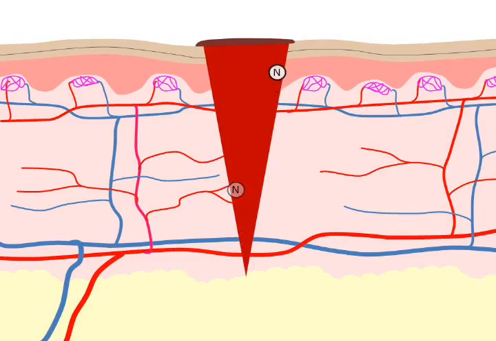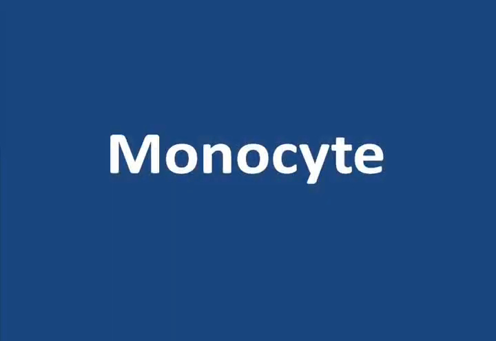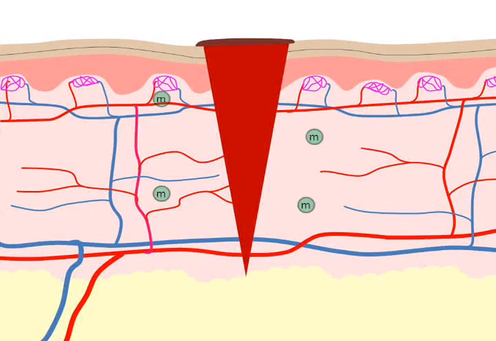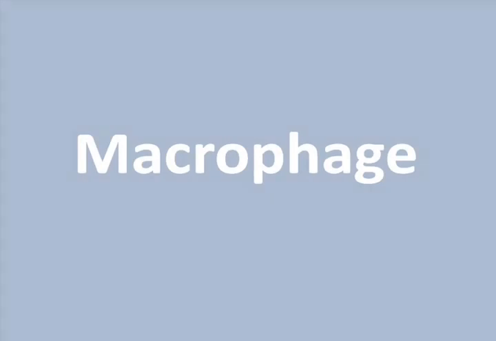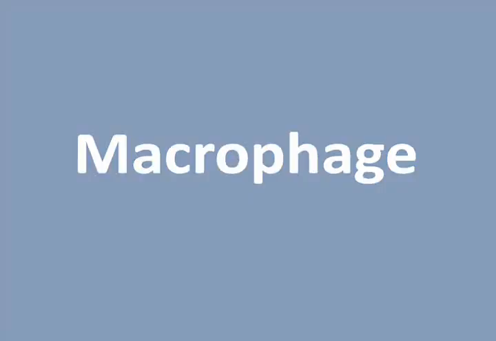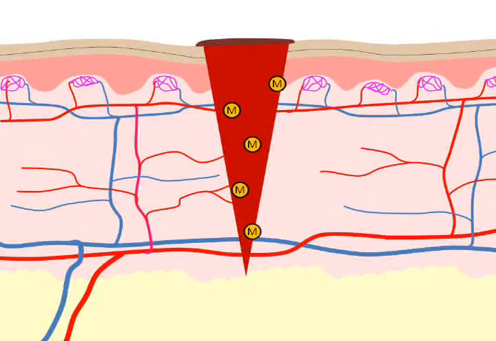After a couple of days, the neutrophils begin to die off. At the same time neutrophils are dying off, a different type of white blood cell called a monocyte migrates from the bloodstream to continue the cleanup process. Monocytes mature into macrophages and not only continue to engulf and digest bacteria and debris, but they also engulf and digest the dead neutrophils.